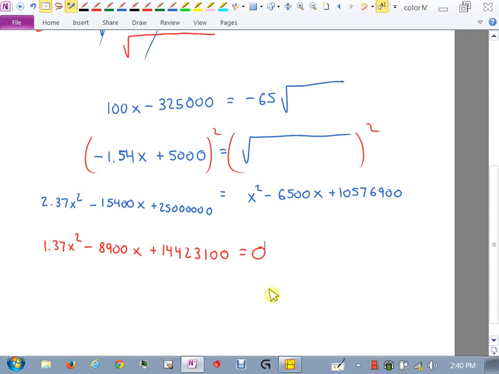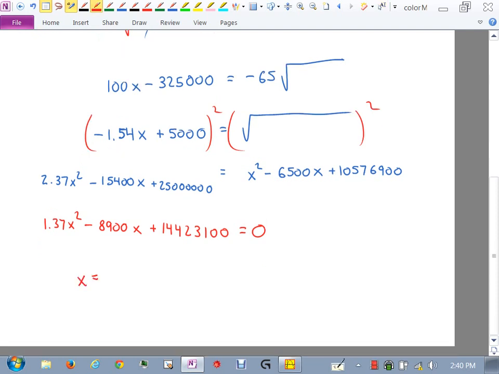But what can you use to solve this? Quadratic formula, right? x should be equal to negative b plus or minus the square root of b squared minus 4 times a times c all over 2a. Yes? Okay, and you get an answer. I'm just going to have this solve it real quick.